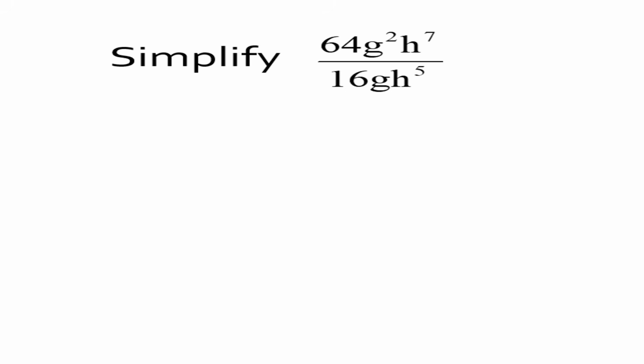Now let's simplify this part here. We got 64 g squared h to the 7th divided by 16 g h to the 5th.